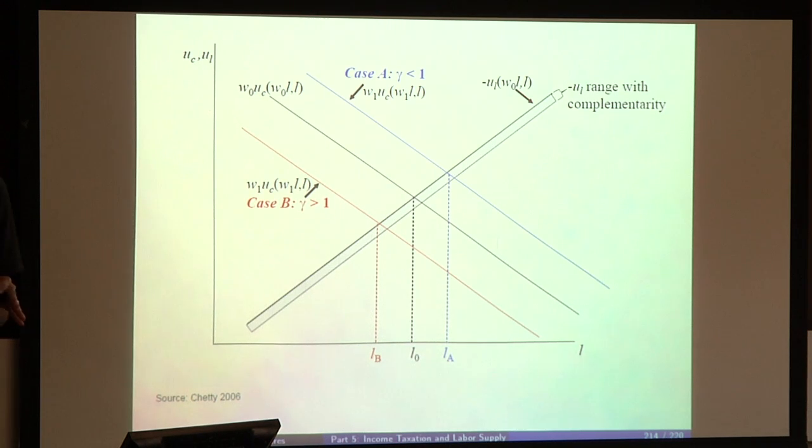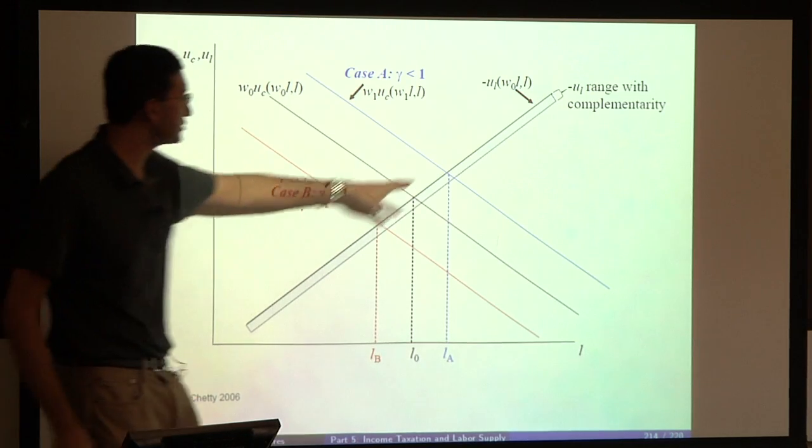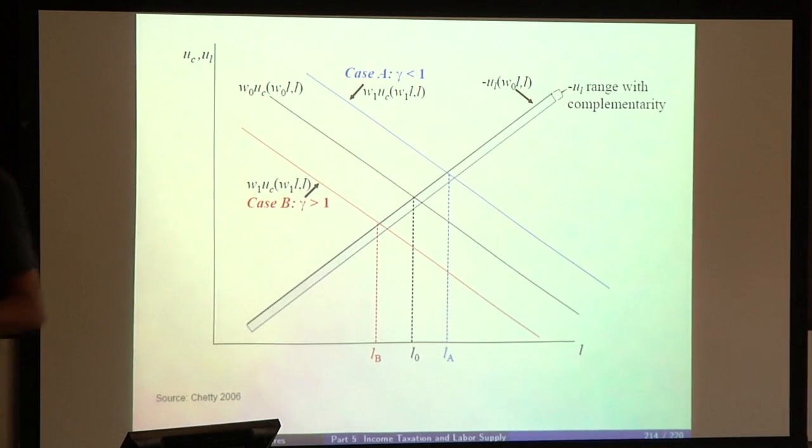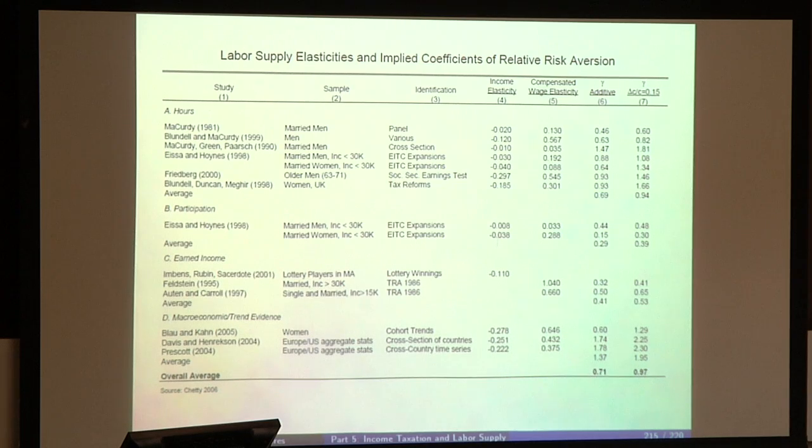It doesn't matter what the cardinality of the utility function is. So all this is a bit technical and a bit of an aside, but you need to pin down the cardinality of the utility function, and the way you do that has to do with pinning down this complementarity parameter, which is what that other curve shifting is about. If you're interested in more of that, you can look at the paper, and I'm happy to talk about it later.